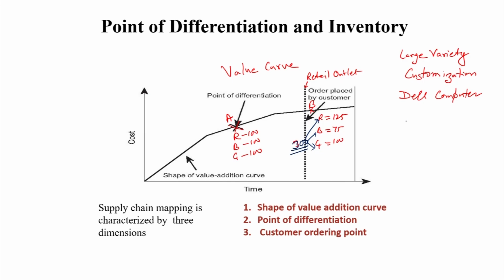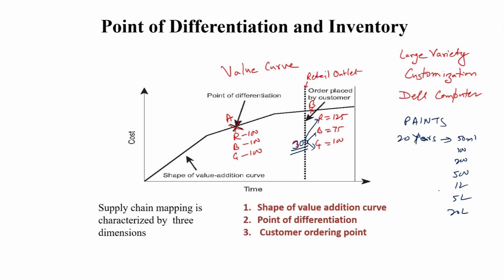Recently, we have seen this phenomenon with respect to paints also. 20 years back, for painting, we had a hardware shop which was keeping all the colors in packings of 50 ml, 100 ml, 200 ml, 500 ml, 1 liter, 5 liter and 20 liter buckets.